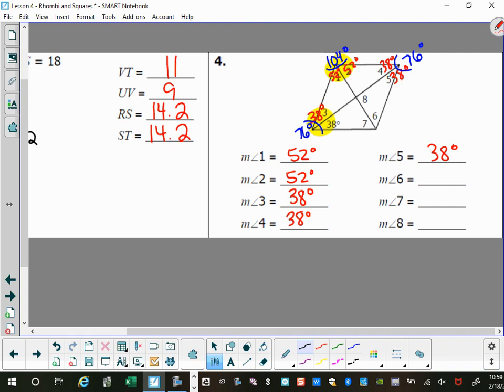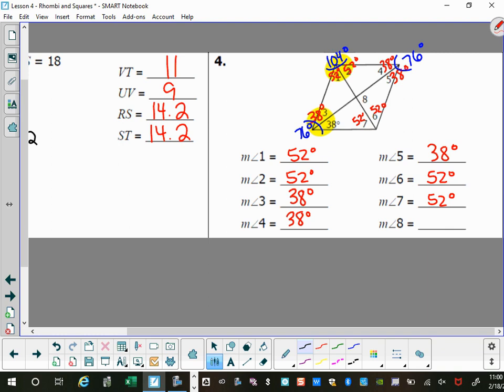How can we figure out what angle 7 and 6 will be? Okay, so they're going to be what? Yeah, they're each going to be 52 degrees. So 7 and 6 are both 52 degrees. What is the measure of angle 8?